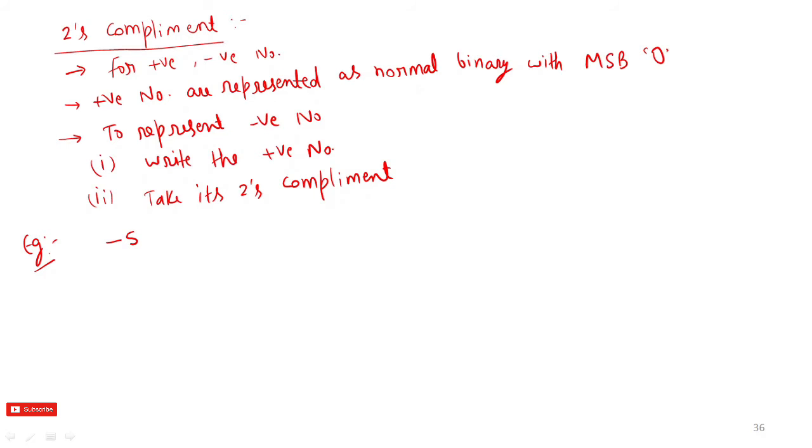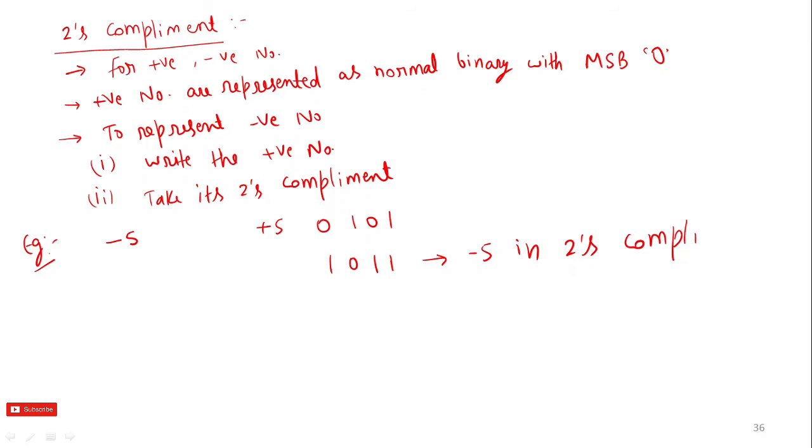First you have to write +5, 1 0 1, and now take its 2's complement, 1 1 0 1. This is -5 in 2's complement. Okay.